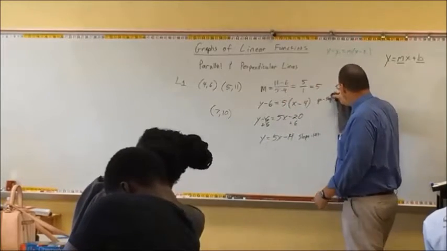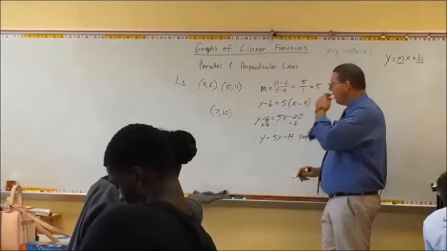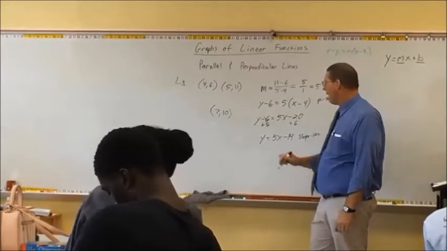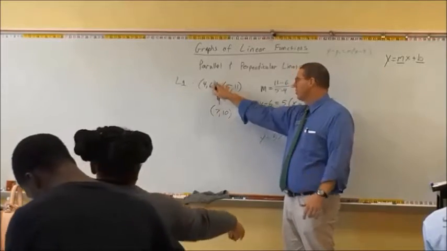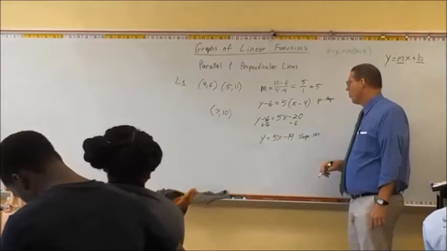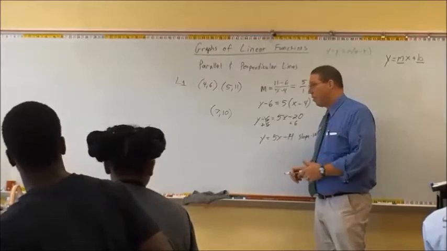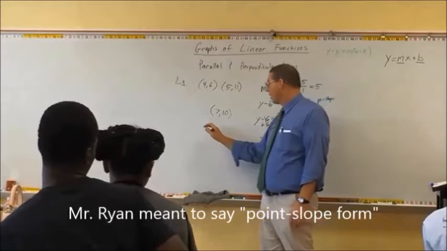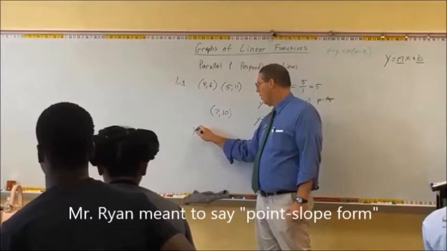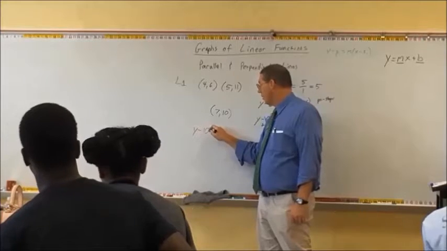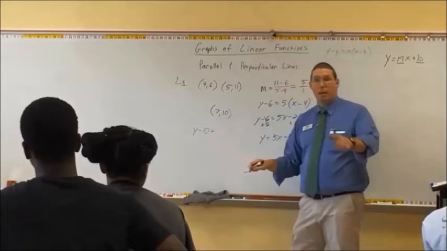Lastly, the equation of a line that passes through the point (7, 10) and is perpendicular to this line. So what form should I use? Slope-intercept. So how does that go? y minus 10 equals, what did you say?